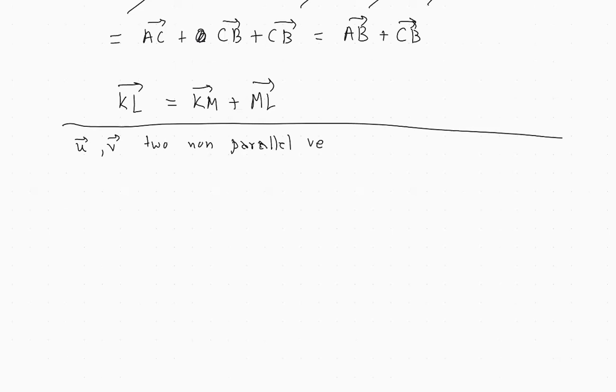Let me write this down. So, i.e., one is not a scalar multiple of the other. Okay, that's the bottom line. Because 2 non-zero vectors are parallel if and only if we can scale one and get the other.